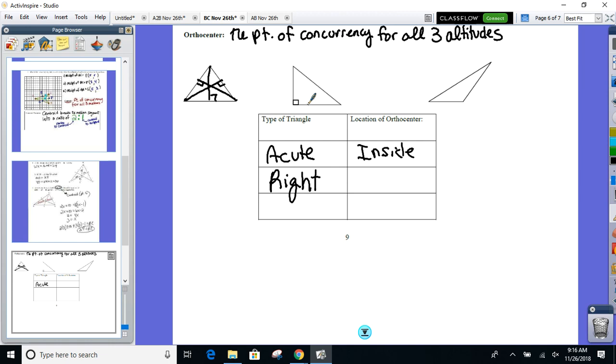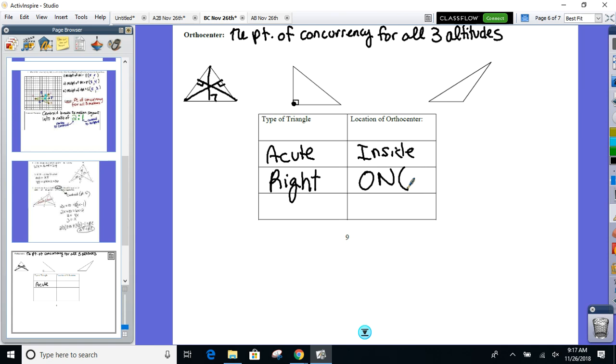Everyone agree? Because remember, the definition of an altitude is from a vertex perpendicular to the opposite side. So this is an altitude right here, one leg, and the other horizontal leg is also an altitude. Do you see where they meet? So if I did the altitude for the hypotenuse, guess where they would meet? So it's not inside, it's not outside, it's on the right triangle.